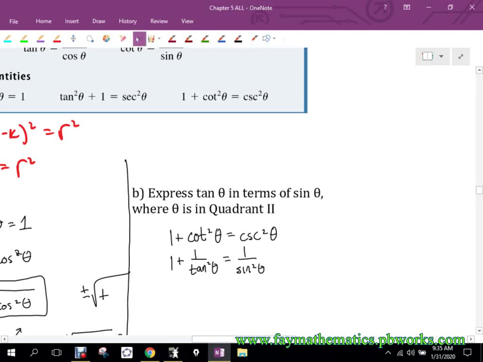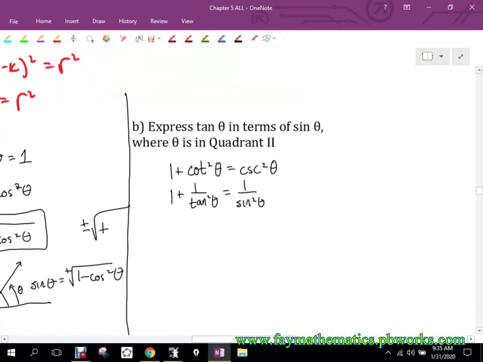Okay. So I got 1 over tangent squared is equal to 1 over sine squared minus 1, right? Okay. Now what do you think we could do?